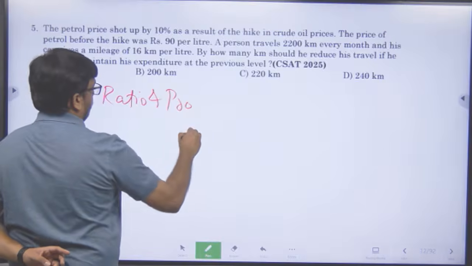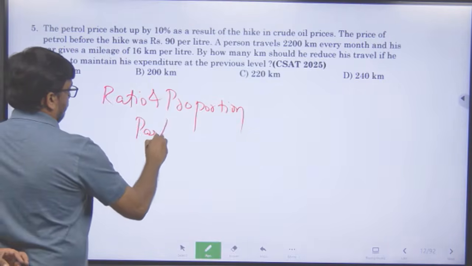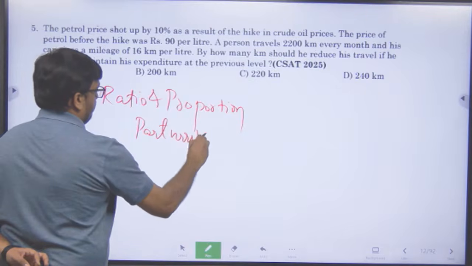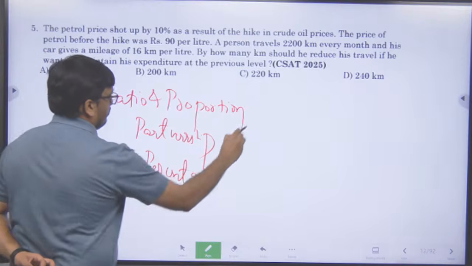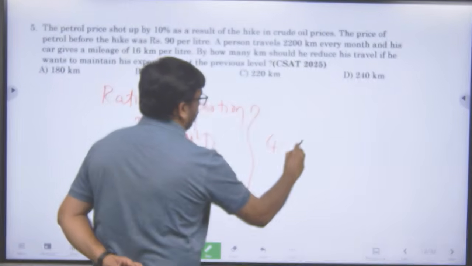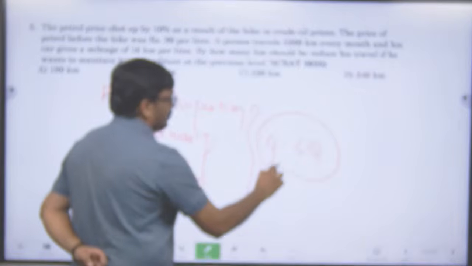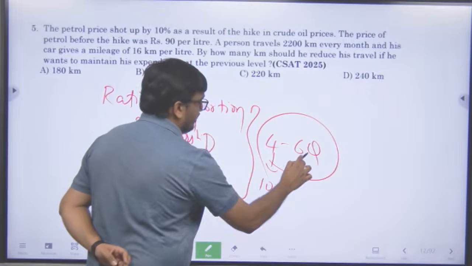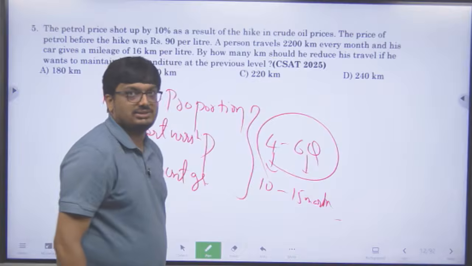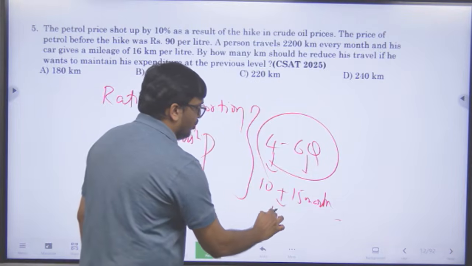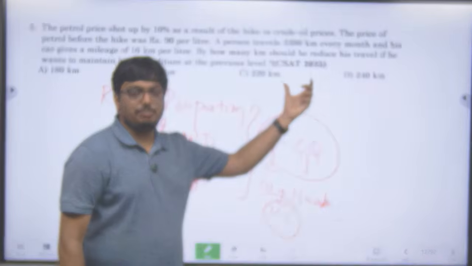Ratio and proportion, partnership and percentages: you can expect 4 to 6 questions. 4 questions means how many marks into 2.5? 10 marks. 6 questions means 15. Means easily you will get 15 marks, and on average you will get 12.5. So don't neglect ratio and proportion, partnership, percentages.